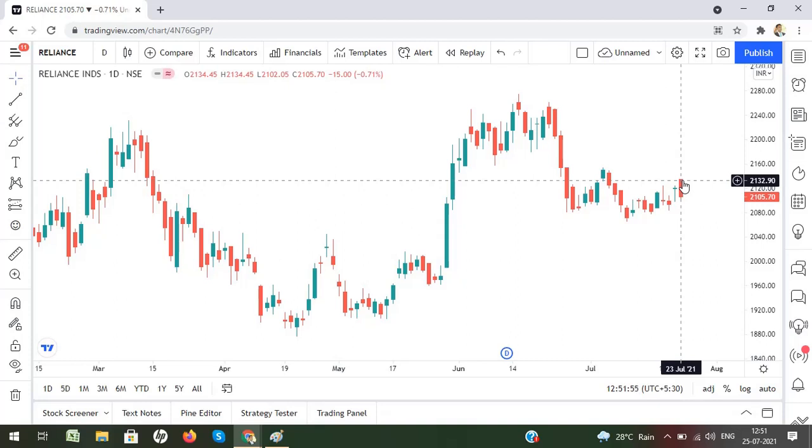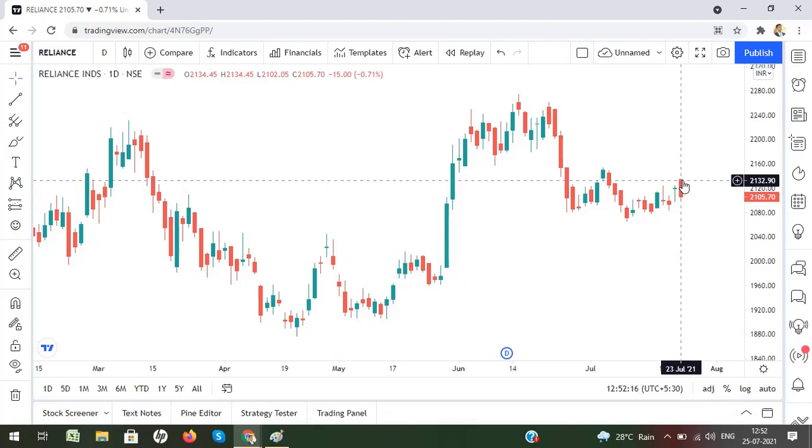The high it reached was 2134.45. The low it reached was 2102.05. The closing price, that is the 3:30 price, was 2105.70. So you have all 4 price points.